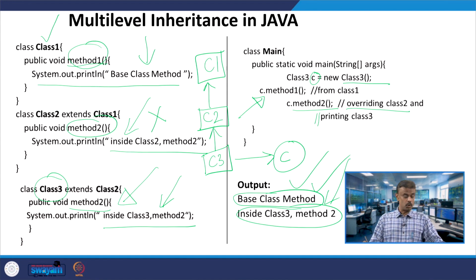Therefore, your method 2 will be overridden, it invokes class 3's method 2, and inside class 3 method 2 will be printed. This is how multi-level inheritance works. We had seen one example in C++ and another example in Java.